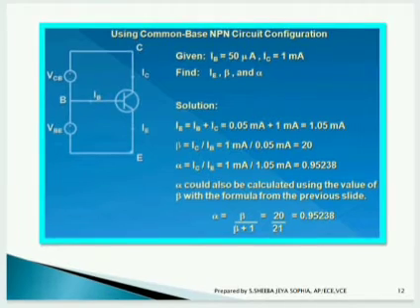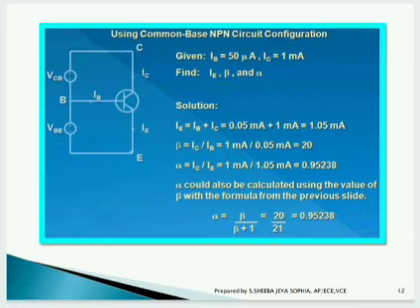Taking an example problem using common base NPN circuit connection, given IB is equal to 50 microamps, IC is equal to 1 milliamp. To find IE, beta and alpha. We know the formula IE is equal to IB plus IC. Since both IB and IC are given in the problem, you can directly substitute the values and you get the result as 1.05 milliamps.